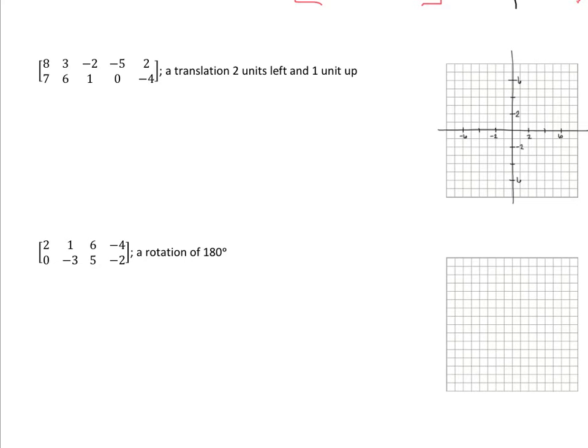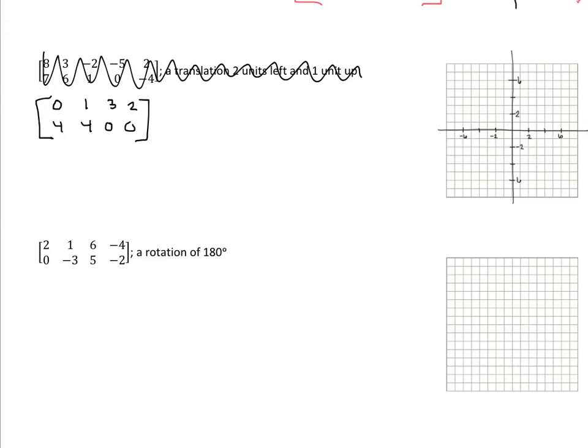So instead of what our notes say to do right here, we are going to do the first one from the worksheet, which is the matrix 0, 1, 3, 2, and then 4, 4, 0, 0, and we are supposed to move it 1 unit left. And 3 units up.